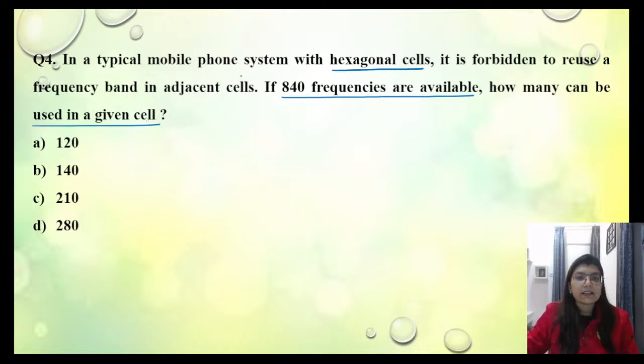What they are saying is that you have a mobile phone system with hexagonal cells, and the condition is that no two adjacent cells can use the same frequency band. So you have to tell that if there are 840 frequencies in total, how many frequencies can be used by one cell?